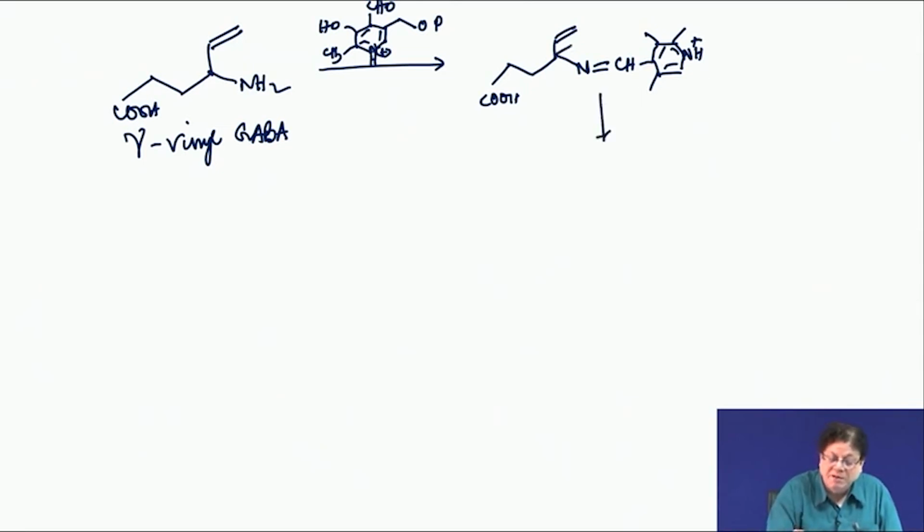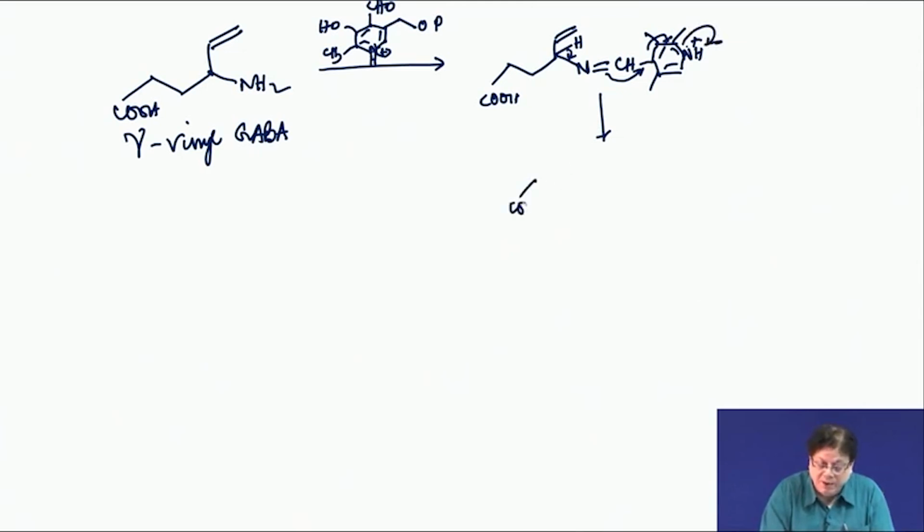So, what will happen? This alpha hydrogen, because you know that the chemistry is dictated by either loss of hydrogen or loss of carbon dioxide. These are the two reactions. So, here there is no CO2H. So, the hydrogen will be lost and this goes up to the nitrogen.